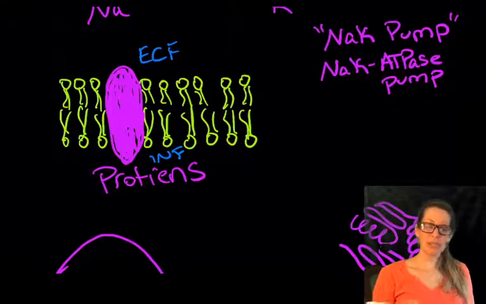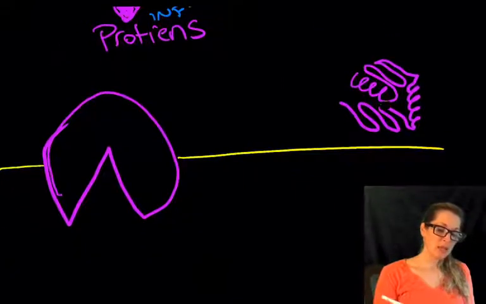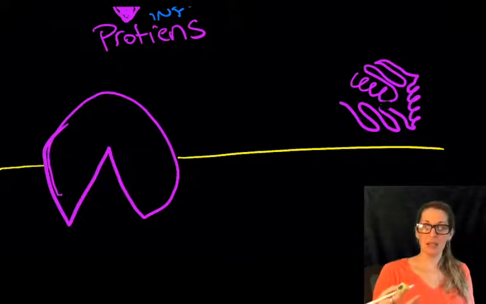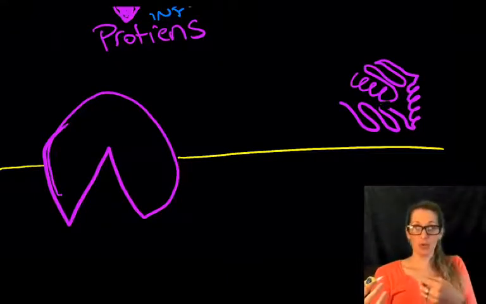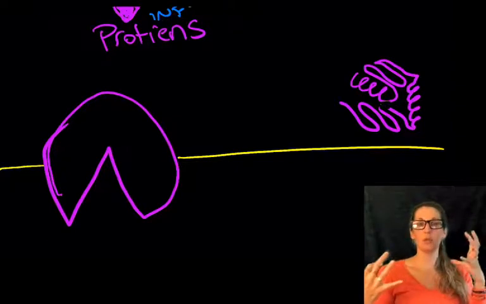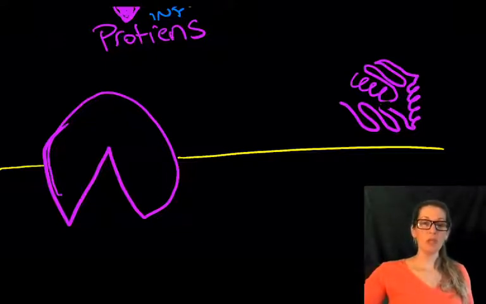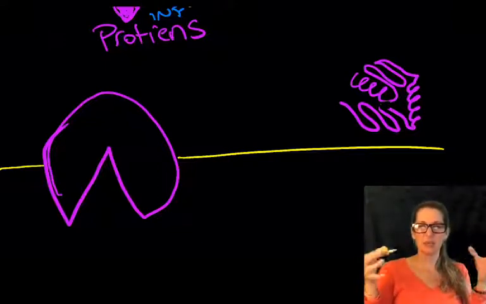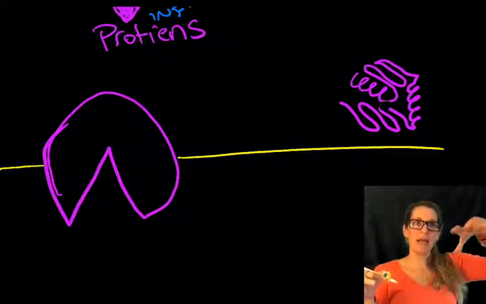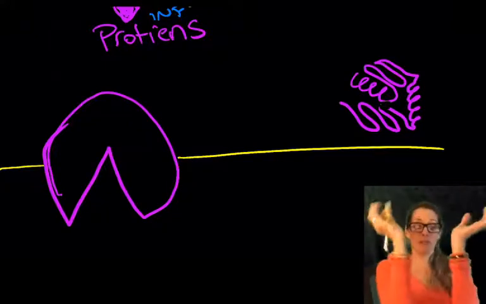And it's the type of protein that is only ever open to one side. So it's not a channel, and we'll have a lot of channels involved in this discussion. It's not a channel that can be open to both sides at the same time. It's only open to one side at a time. I think of it as like a little Pac-Man where it's open to one side at a time, closes, opens to the other side.